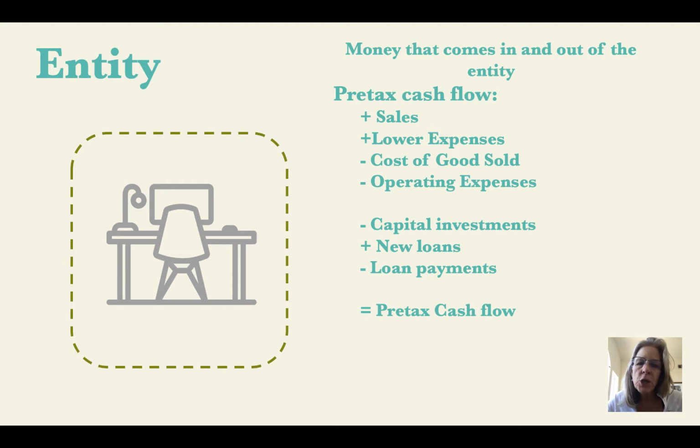Remember when we talked about the alternative analysis, we're only looking at how things change with the particular investment. So all of these items are changes from a status quo.